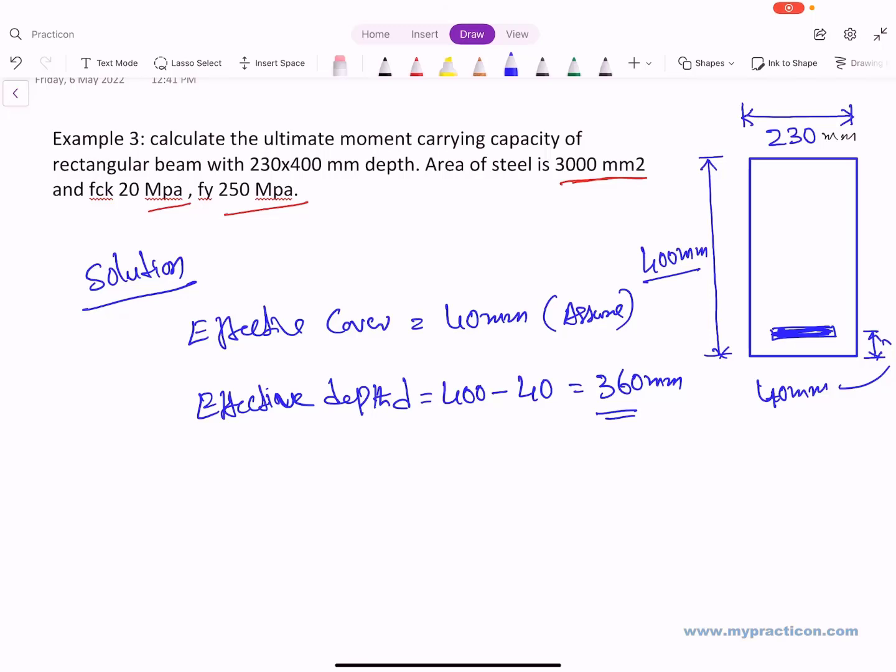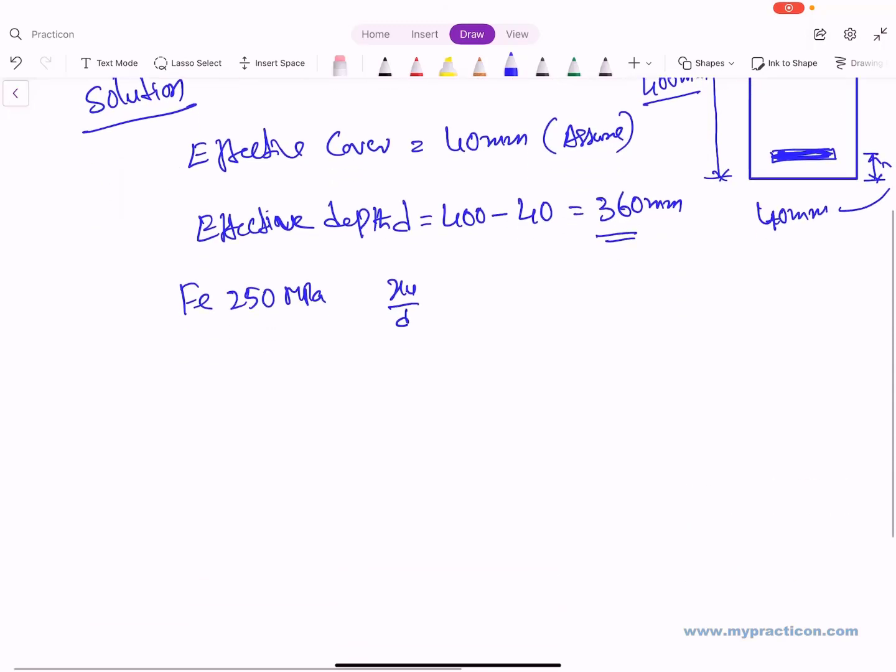Okay. So now, as usual, for Fe 250 MPa, the XU by D limited value equals 0.53.